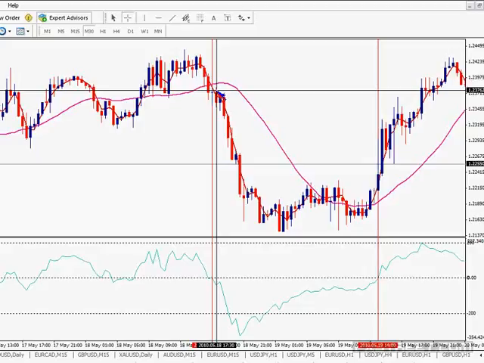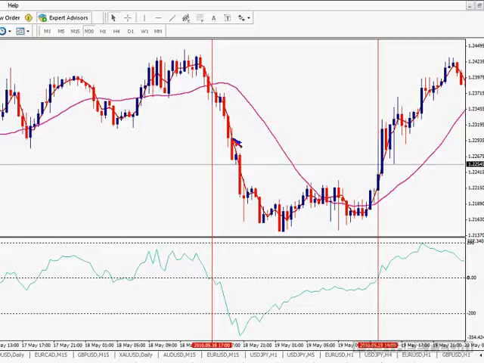As long as the moving averages keep widening and the commodity channel index continues following, I would probably let my trade open. I would keep it open until the commodity channel index makes one of these V shapes outside the 200 level.